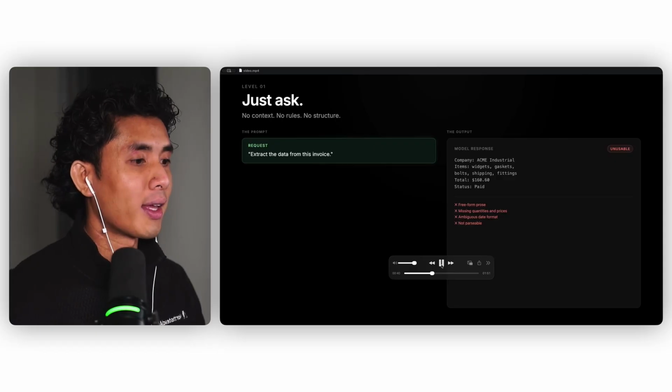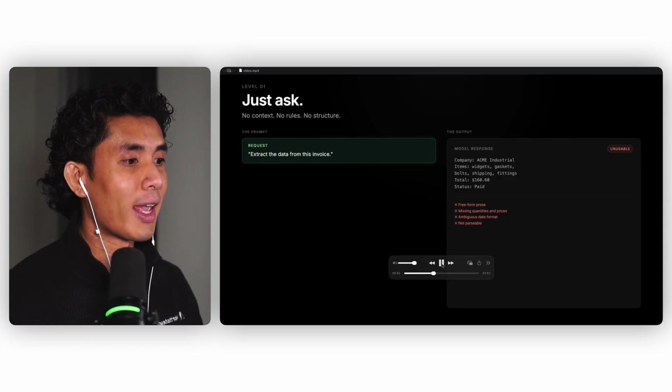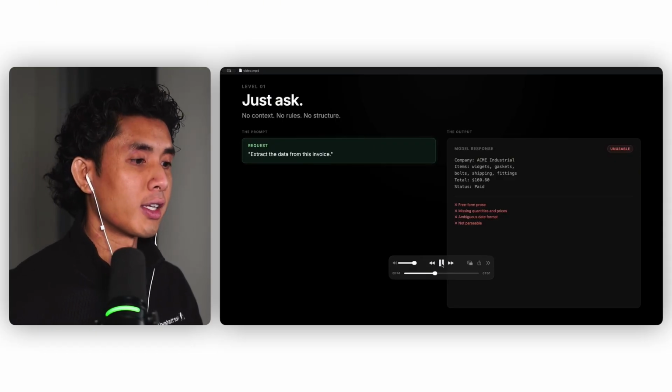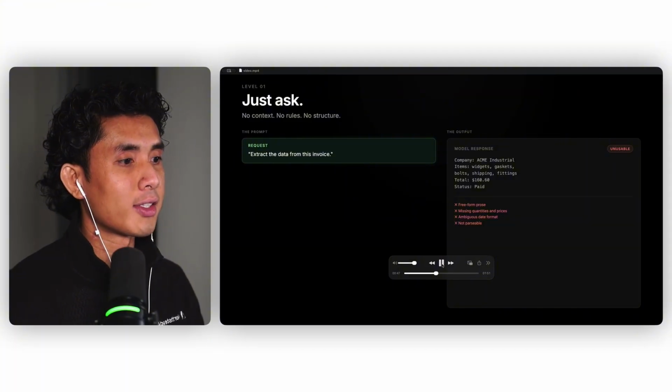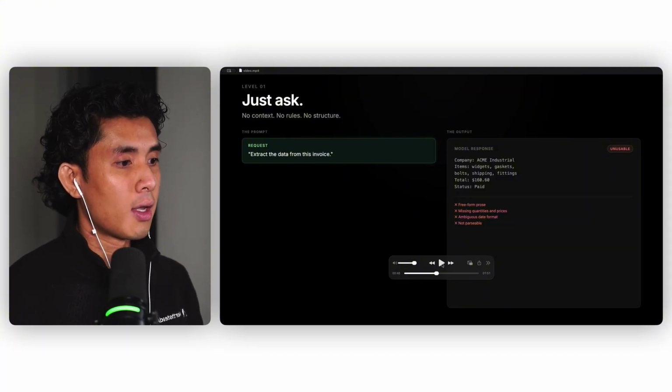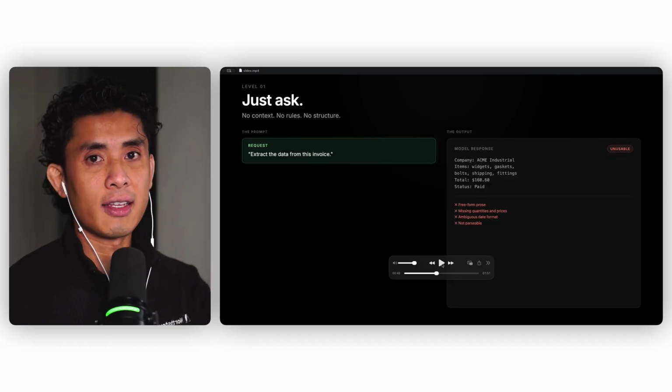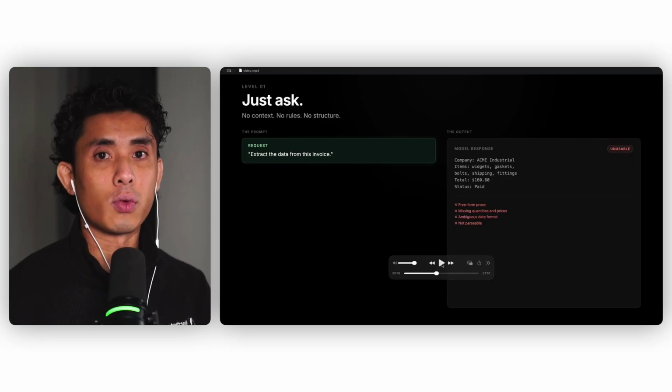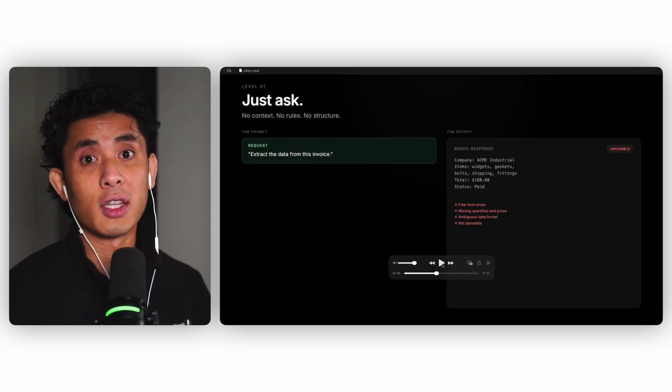The date format is still ambiguous. And the last point will be interesting, so keep a note of it, but it's not parsable. Parsable is a term used for when trying to understand if a set of data is readable by software or a machine. And we're going to look at that for level 4 later.